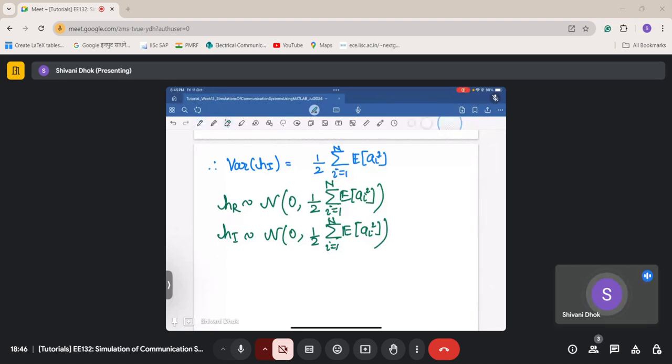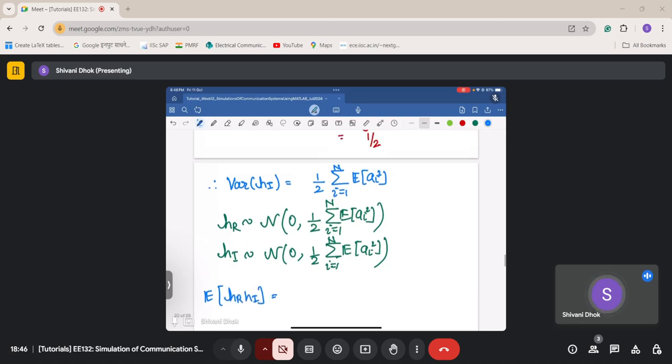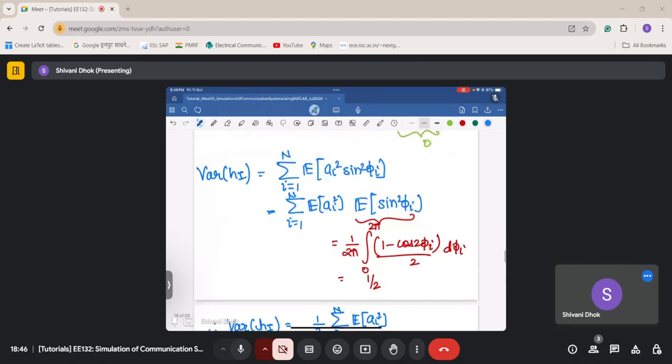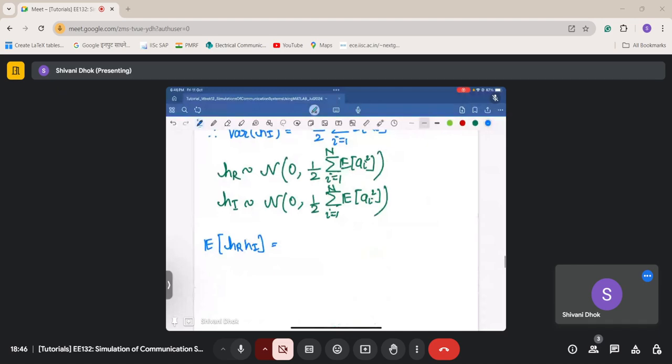Now let us figure out the covariance of H_R and H_I. So the expectation of H_R H_I is equal to the expectation of the summation i equal to 1 to n, summation m equal to 1 to n, of A_i A_m cos phi_i cos phi_m.